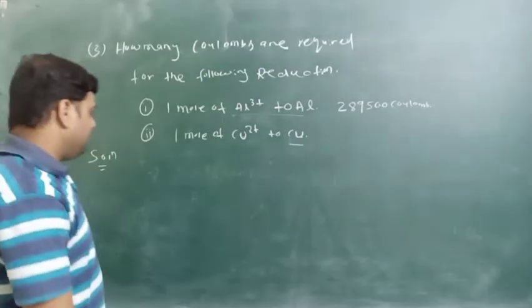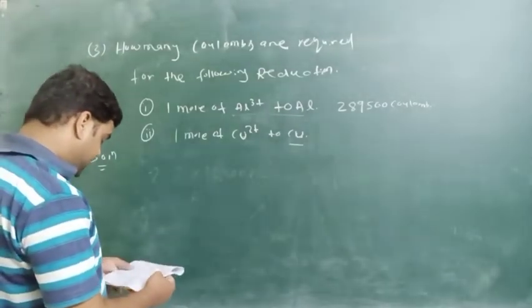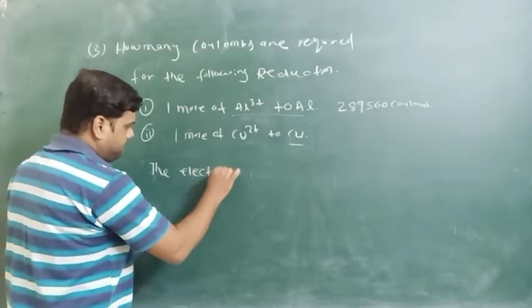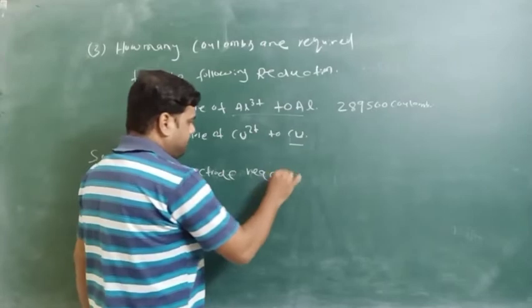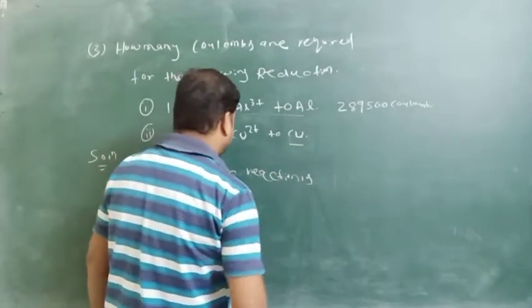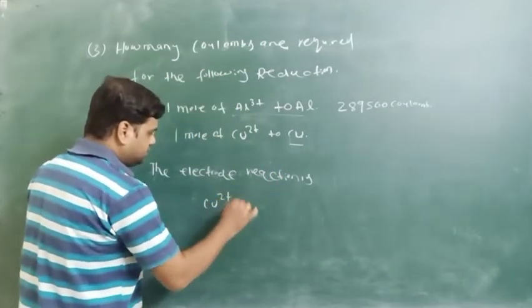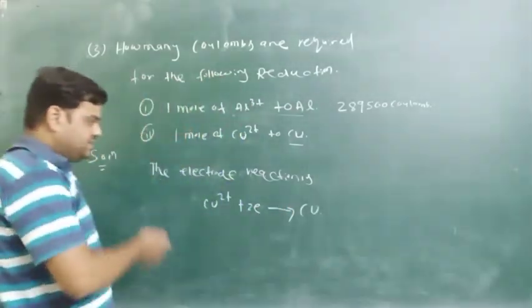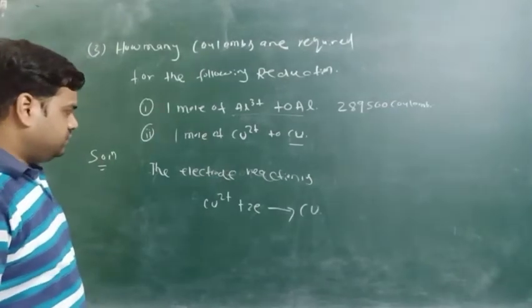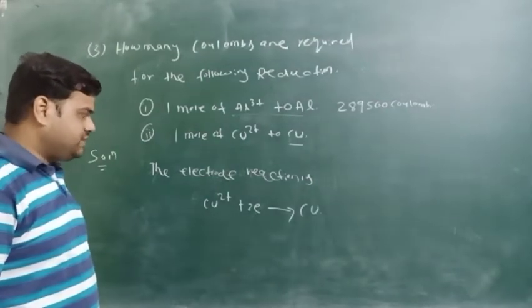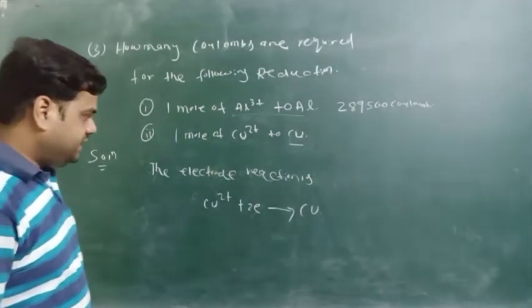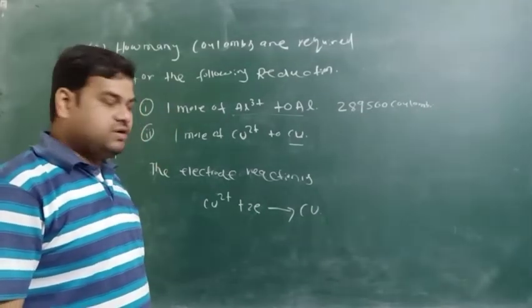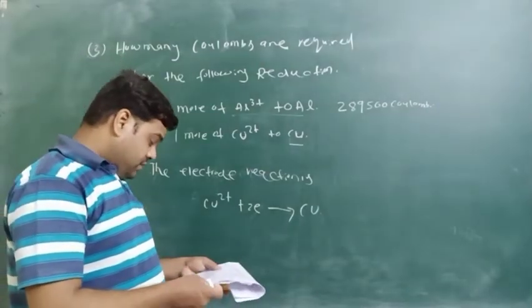We write the electrode reaction: Cu2+ + 2e- gives rise to Cu. It means that when 1 mole of Cu2+ is reduced, it needs 2 moles of electrons.